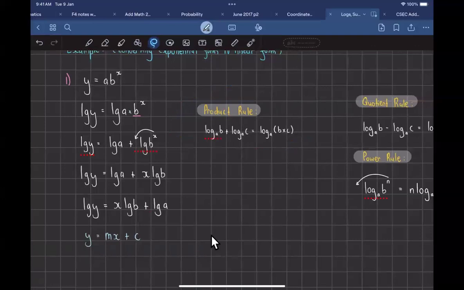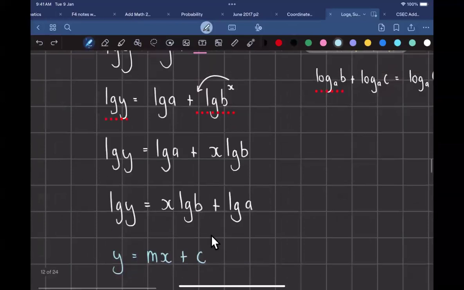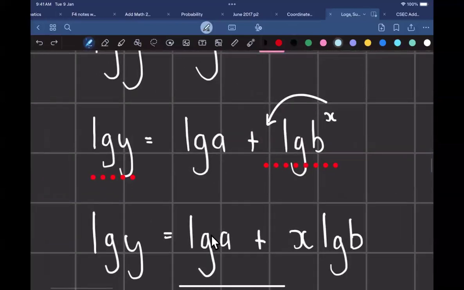Aliyah, you understand the part where I rearrange it? Okay, so Aliyah, we want to put it in the form y is equal to mx plus c, right? You understand how I take the x and bring it to the side.